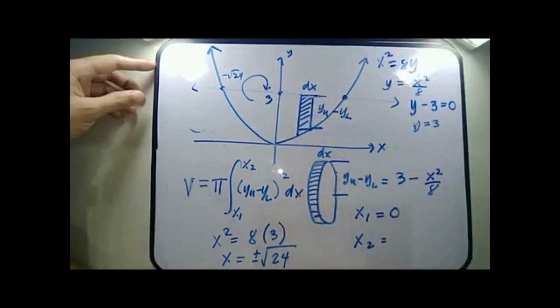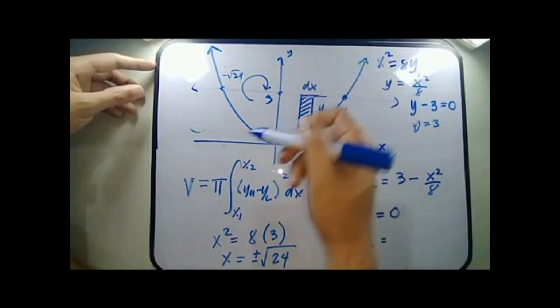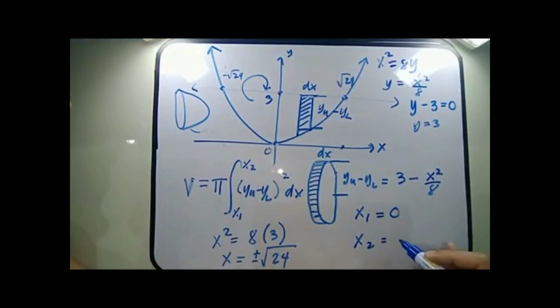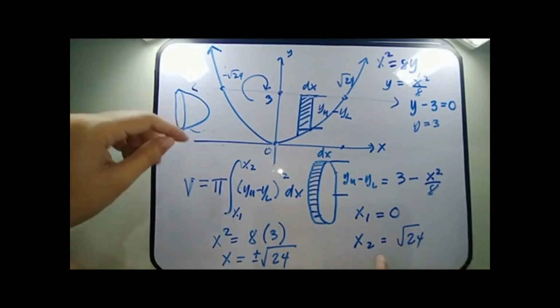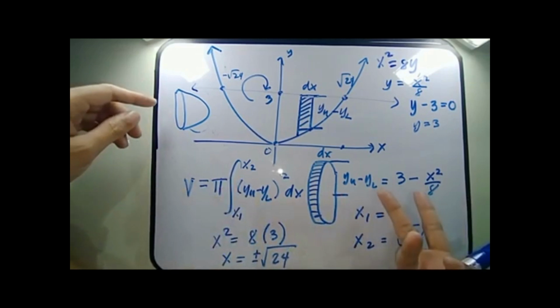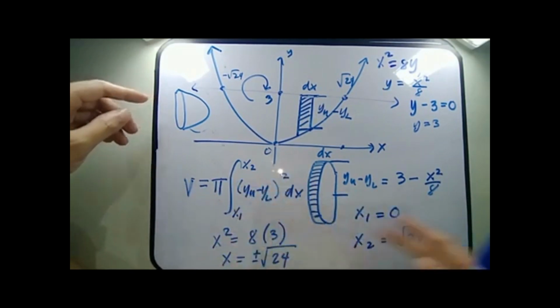So, the figure we form is something like this. Our x sub 2 is the square root of 24, which is positive. So, all the elements are there, guys. Substitute, integrate and apply the limits.